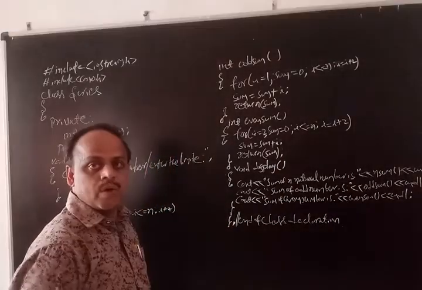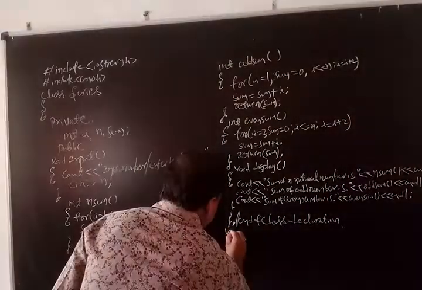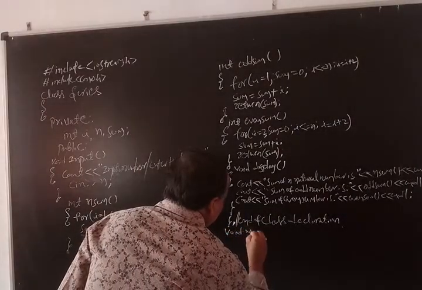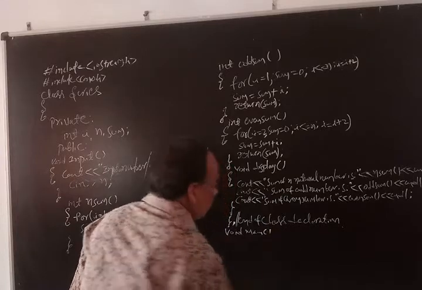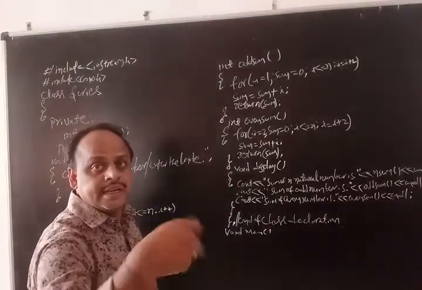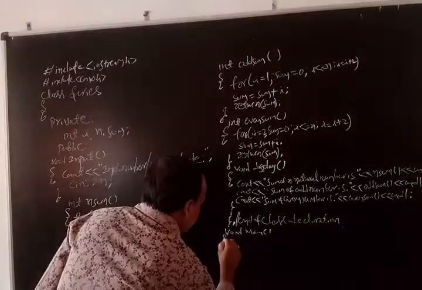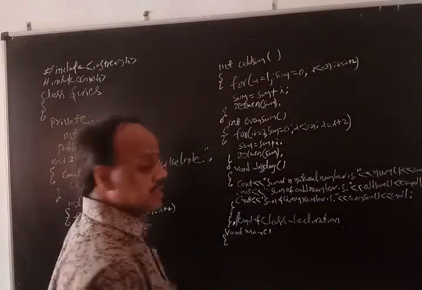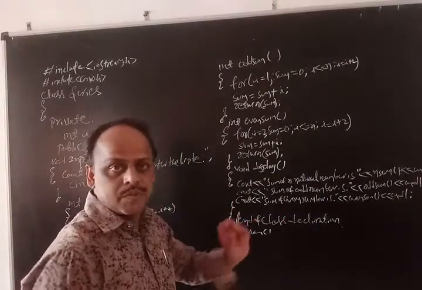Now consider the void main function. What is the first step in the main function? Declaration of object, open curly bracket. What is the syntax? Class name, space, object name.